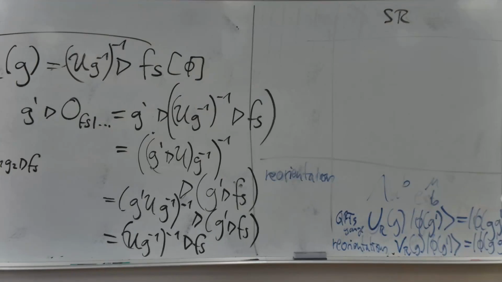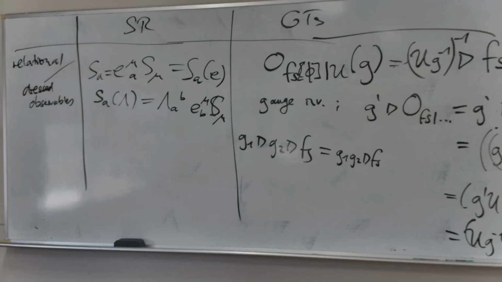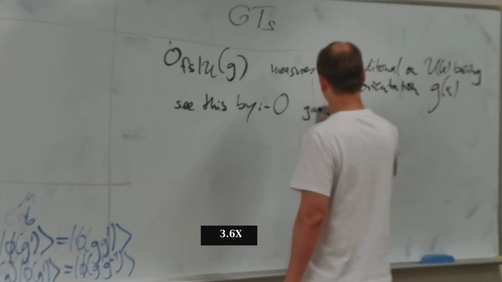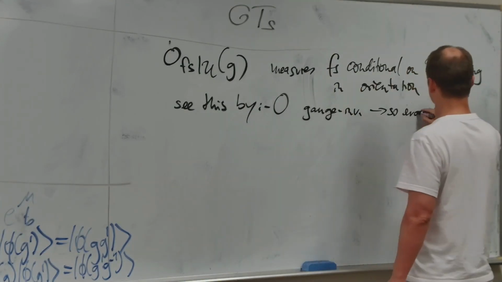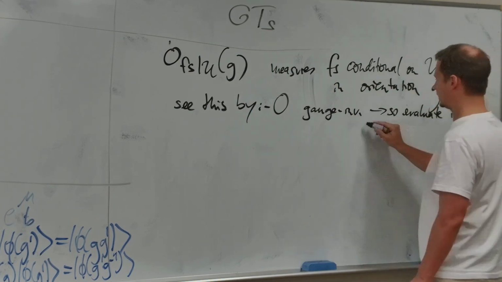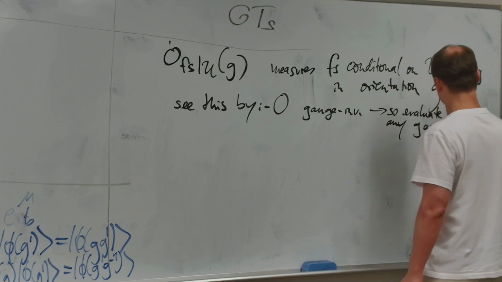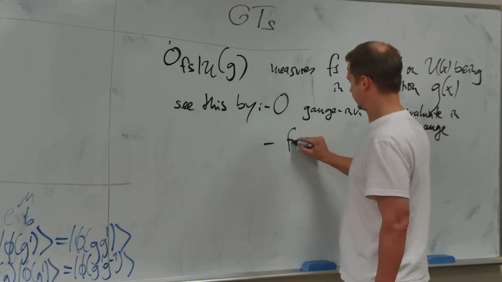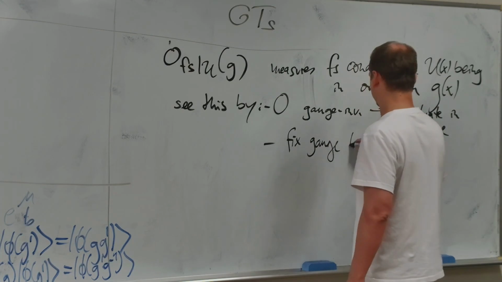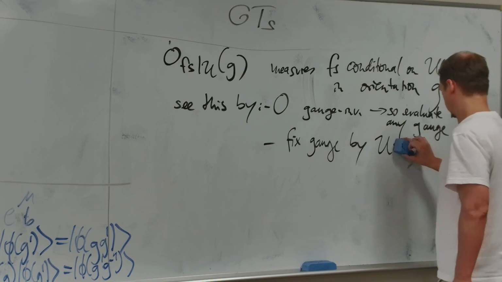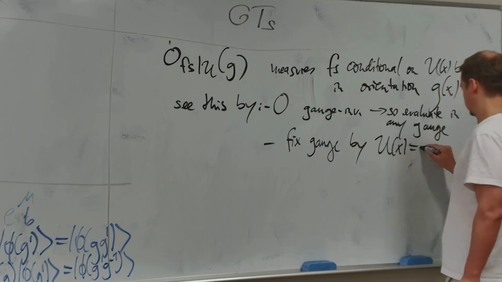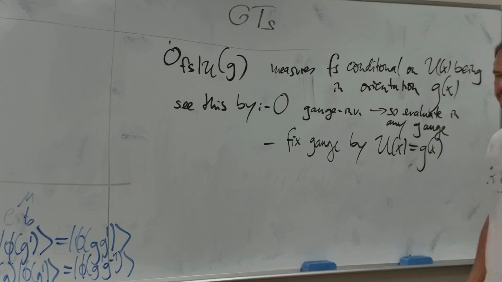Okay. So variant gauge, then fixed gauge by U equals G. Okay, so I'm allowed to gauge fix it this way.